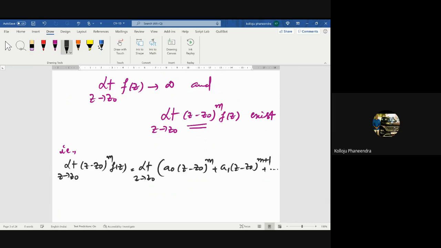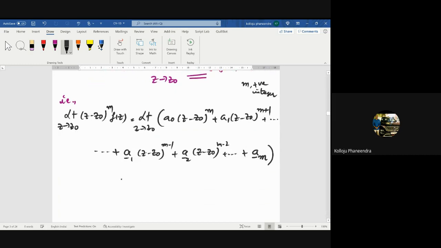I am writing all the positive powers, over. Coming to negative powers, a minus 1, z minus z naught whole power minus 1, multiplied by this means m minus 1, m minus 2, and so on. m is a positive integer. Remember this. What is the last term? A minus m. This is bracket close.